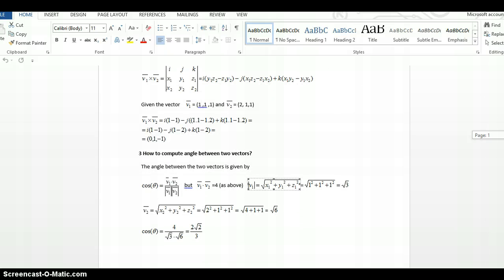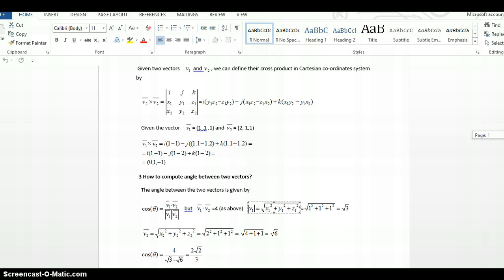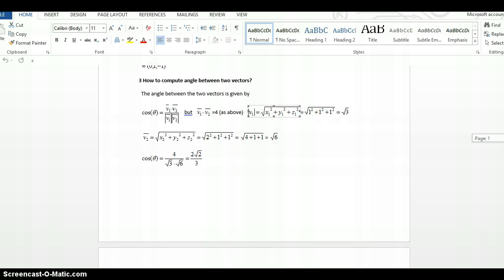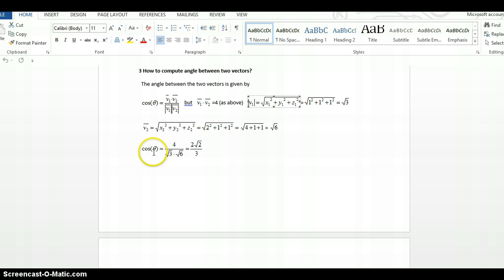The dot product between vector v1 and vector v2 is 1 times 2 is 2, plus 1 times 1 is 1, plus 1 times 1 is 1, that is 4. So cos theta is 4 over root 3 times root 6.